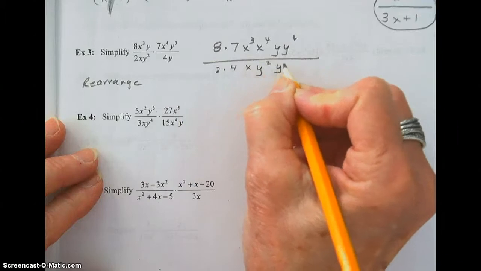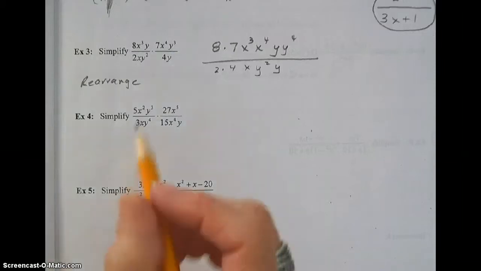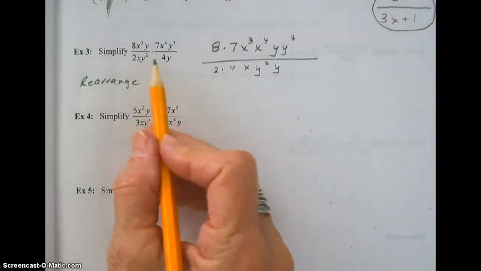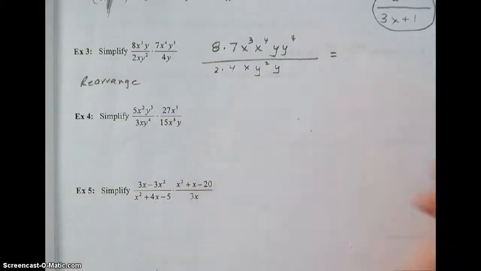And then we will simplify. So again, look at examples 1, 2, and 3, how they're different. If we have multiplication in the whole problem, we want to rearrange and then we can simplify.